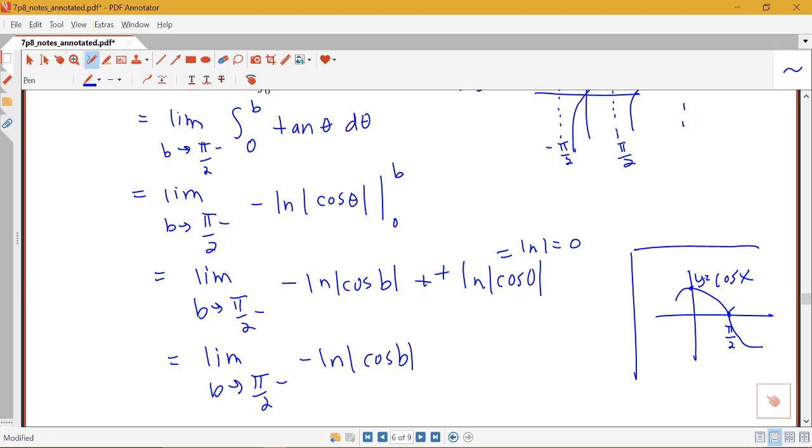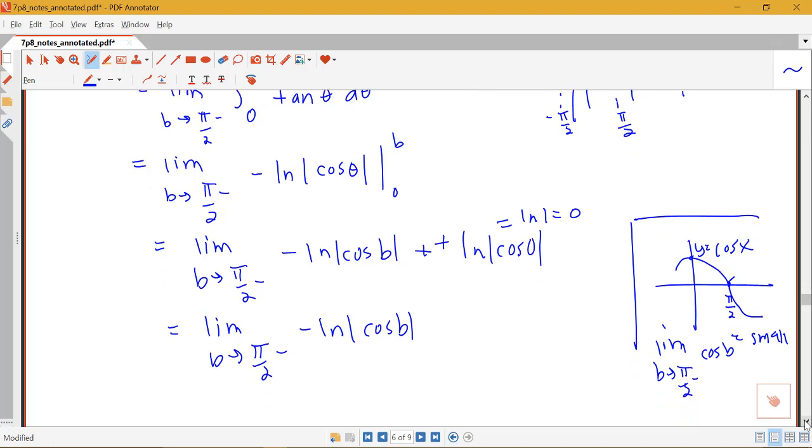As we get closer to pi over 2 from the left, we're getting closer to 0, but we're approaching 0 from above. So the limit as b goes to pi over 2 from the left of cosine of b is a small positive number. So I have something inside my log function that's a small positive number.